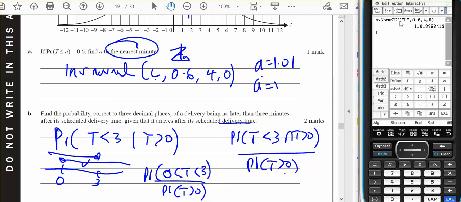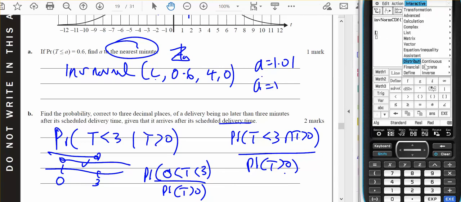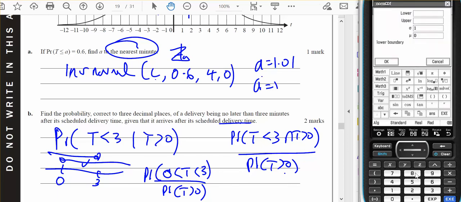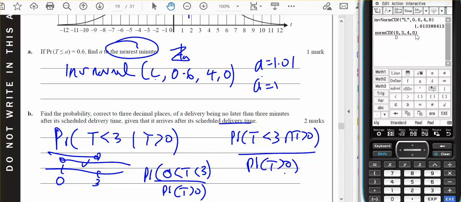So I'm going to have a fraction. In the top, I'm going to have the normal going from 0 to 3, 4 and 0, and in the bottom I'm going to have the normal going from 0 to infinity.